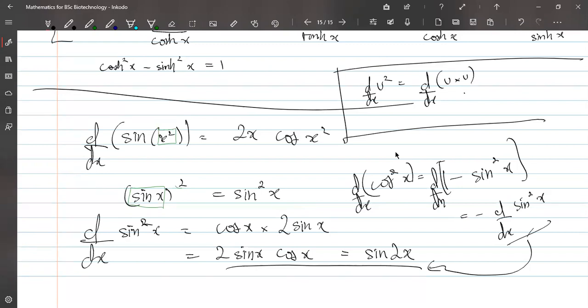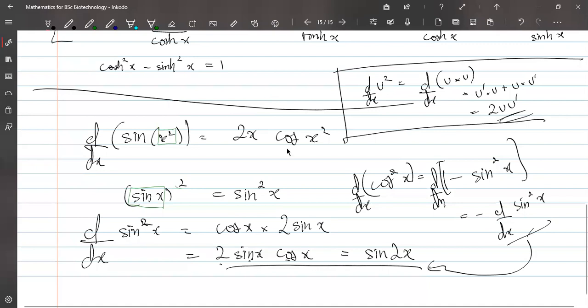V is equal to u. So this should give you u dash times u plus u times u dash, but both of these are the same. AB is equal to BA, so this is 2u u dash, which is what we have here, 2 sine x times the derivative of sine x. So that way also you can get it.